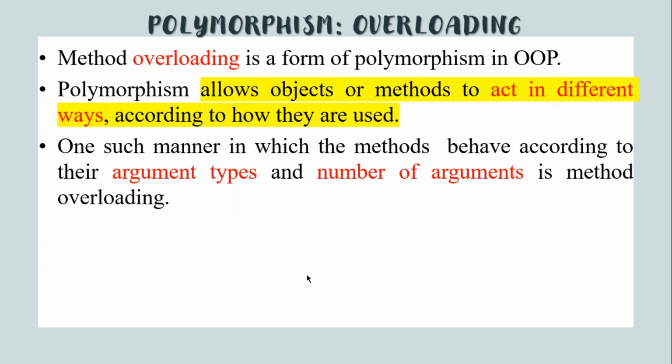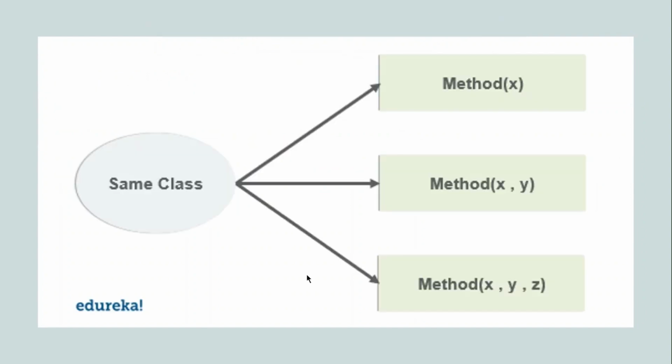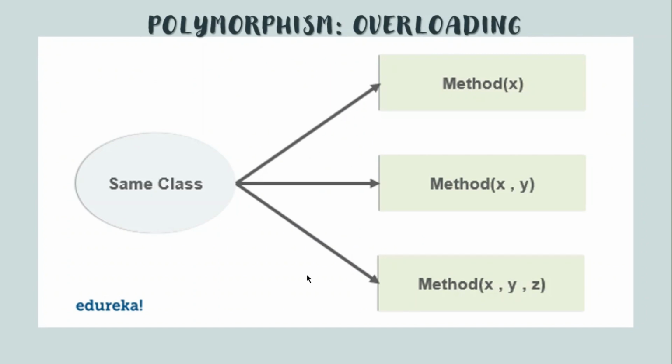As I said, overloading is when I have many methods inside one class with the same name but different parameters. Maybe the number of parameters is different, maybe the data type is different. As you can see in this picture, we have a method called method; the first one has only one parameter, the second has two parameters, and the third has three parameters.